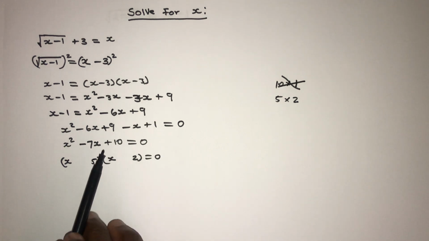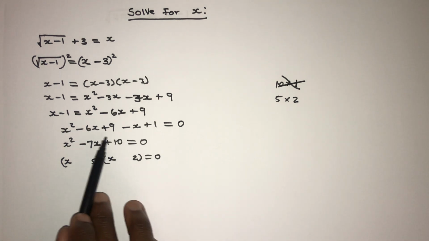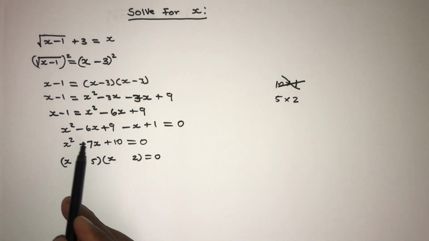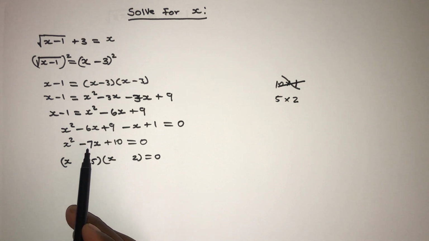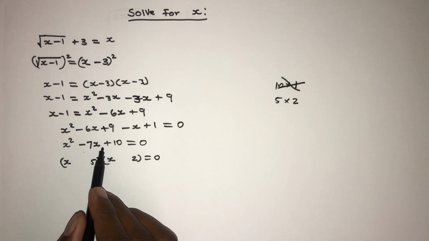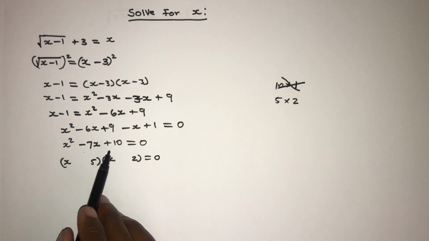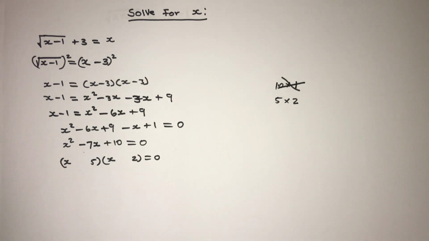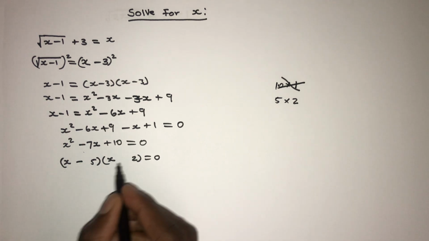Let's check this sign. It means that the signs are the same. Positive means we either have positive and positive or negative and negative. But this one means that the bigger number must have the negative sign. Our signs are the same, so we take negative and negative.